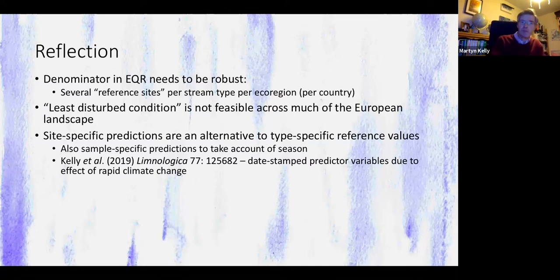And in fact, you could say that because we're including dates in our equations, these are actually sample-specific predictions. It's a paper I published with some others, Steve Juggins and some colleagues in Romania a couple of years ago, that said that when you're using predictor variables such as alkalinity and in this case conductivity, you really need to date stamp them due to the effects of climate change.